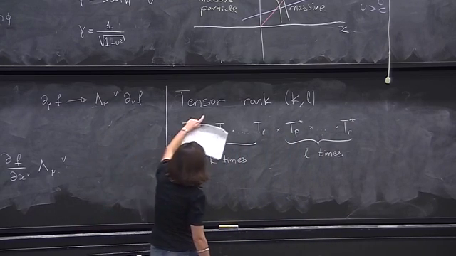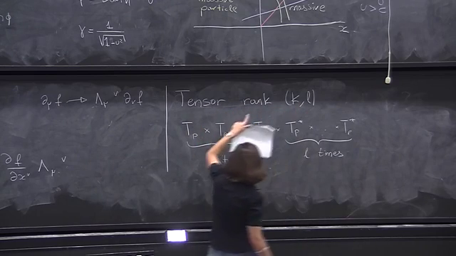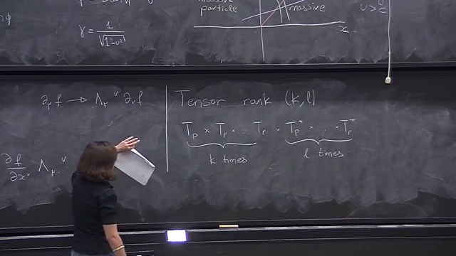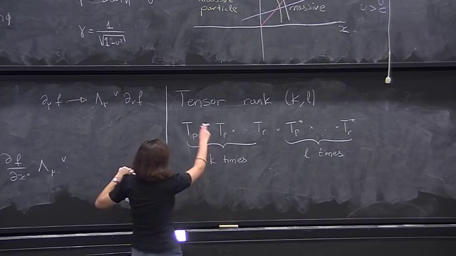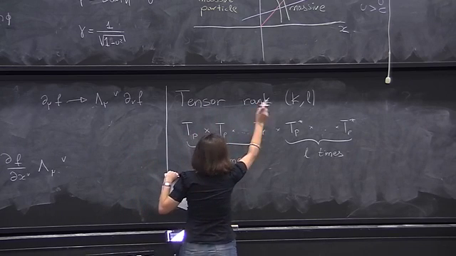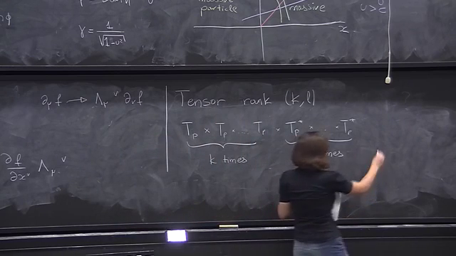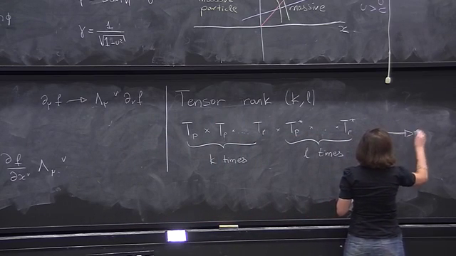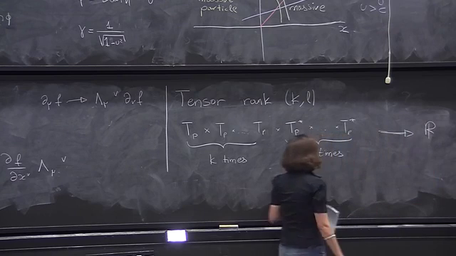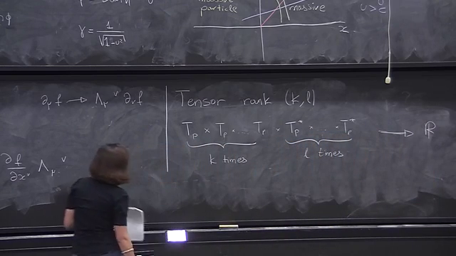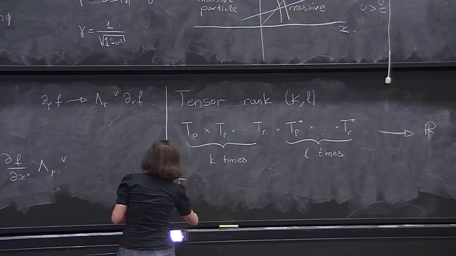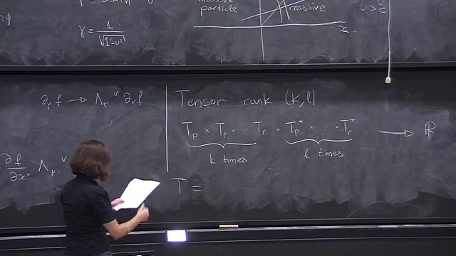Sorry, I'm not sure I said it right before. A tensor of rank K L is a map from this vector space to R.